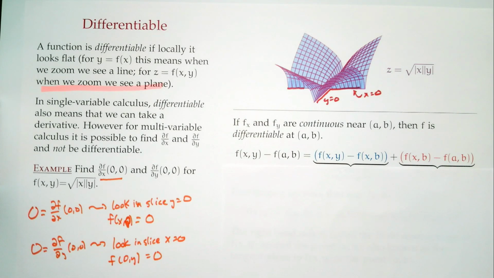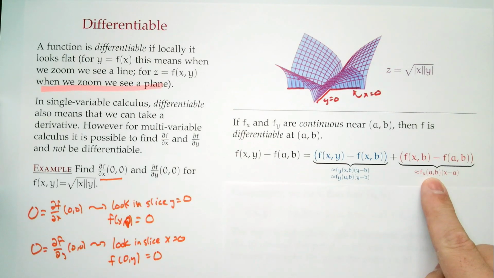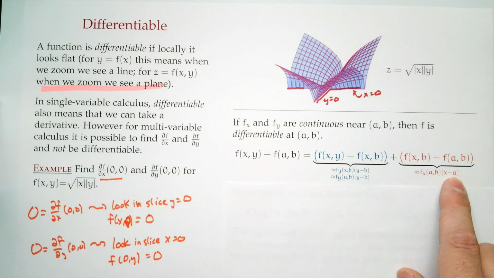Now what happens? Well, we're going to look at these two pieces a little bit closer. And here we go. In the second piece, that's probably the easier piece. It's a little small, but let me just read it out. What's happening here is I can think of my b as being fixed. And if I want to understand what's the difference between f of x, b and f of a, b, well, the answer is I can think of b as being a constant, and I can say, okay, multiply f sub x at a, b, which is the rate of change of how the function changes as x changes, times the amount of change, which is x minus a.